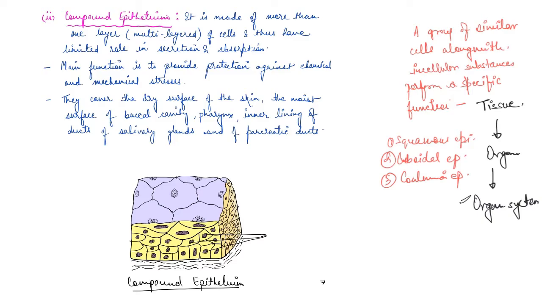It has multiple layers of cells, and that is why it has a very limited role in secretion and absorption. So, the main function of compound epithelium is to provide protection against chemical and mechanical stress.